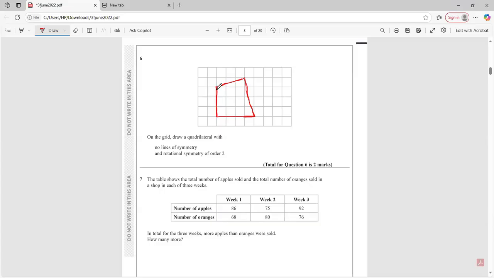Okay, this is what I'm presuming. I tried my best to make this side and this side be at 90 degrees, right? Because of this other condition, rotational symmetry of order 2. No lines of symmetry means that if I draw a line through it from here like this, I shouldn't be able to draw a line that would divide it into 2 equal parts at any point.